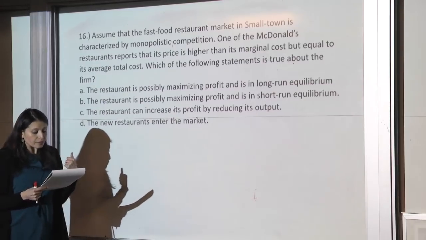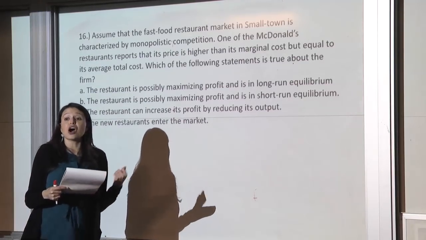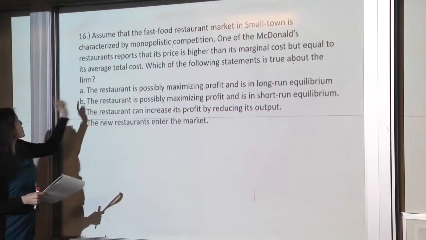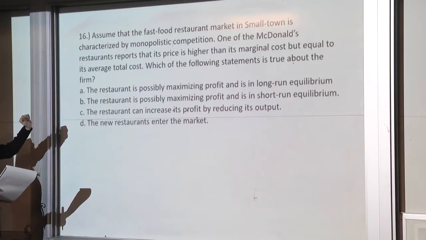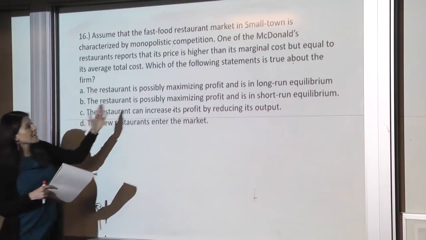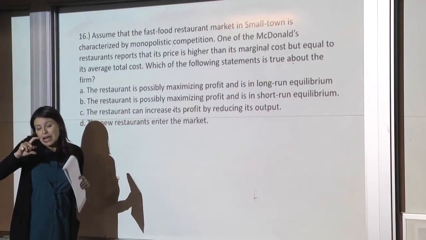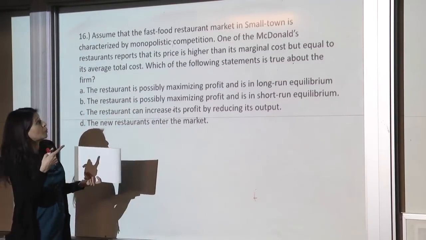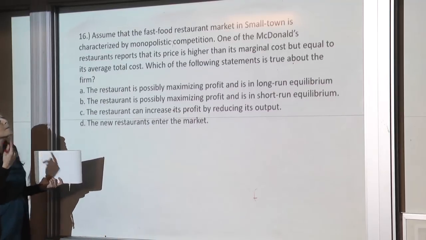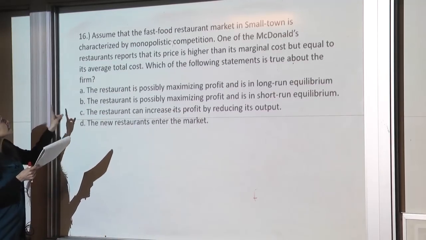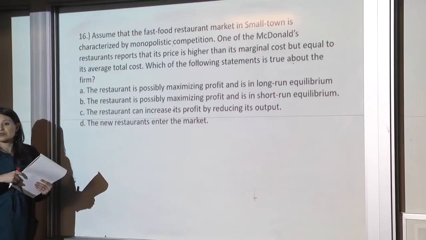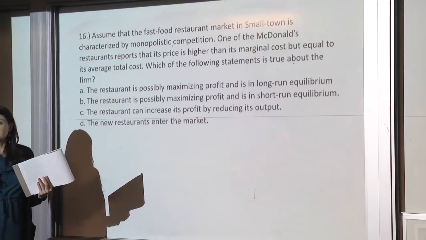So, what this is saying is that in the long run, the price is higher than the marginal cost. That is showing that they have a little bit of a price premium because they are monopolistic competition, but the price is equal to the average total cost. What happens in the long run?